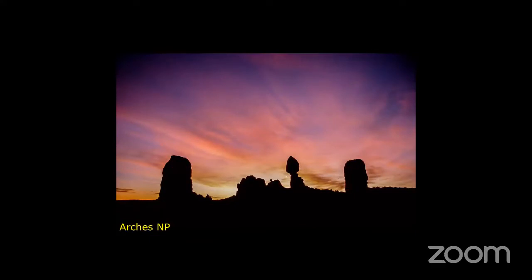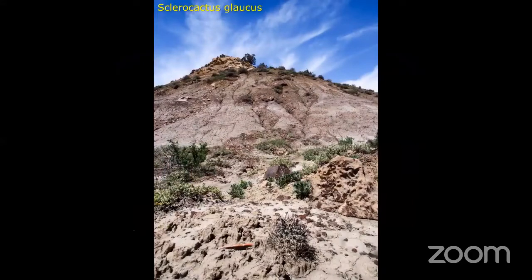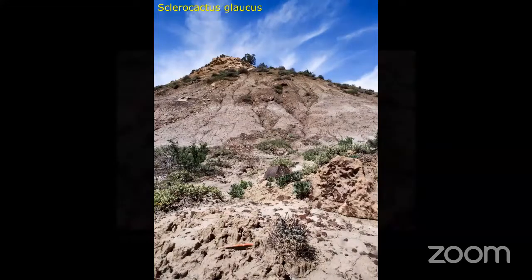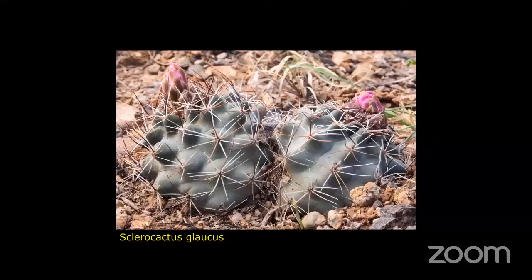To the east of Arches National Park, in western Colorado, in the foothills of the Rocky Mountains, we can find the second population of Sclerocactus glaucus. Here's a closer look at these plants, and you can see that they do look quite different from the plant that's been proposed to be called Wetlandicus up in the Uinta Basin.